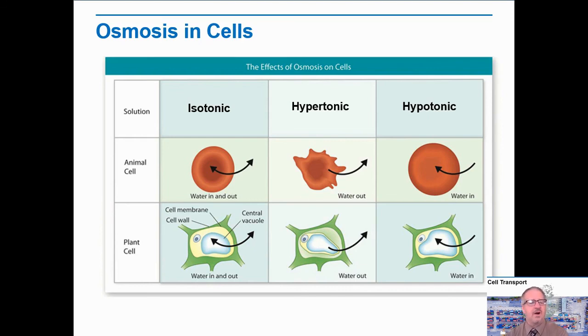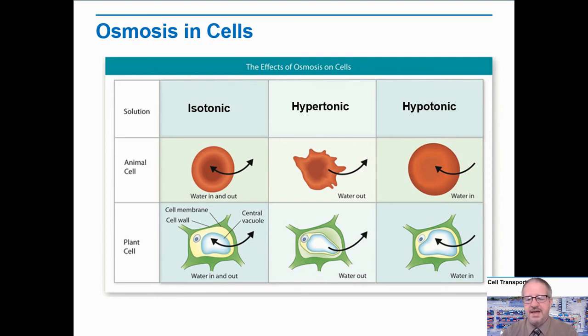So think about when a lawn care company sprays a fertilizer and water mixture onto grass. If they use too much fertilizer and too little water when they spray, the grass might actually die and the lawn will turn brown. But would the grass cells with a high concentration of fertilizer have gained or lost water? Well, they would have lost water, and this is what would cause the cells to die.